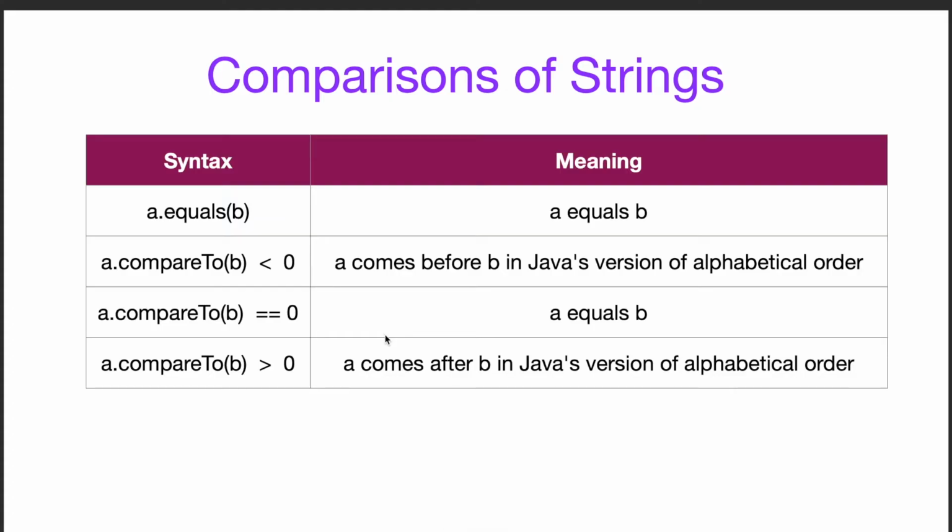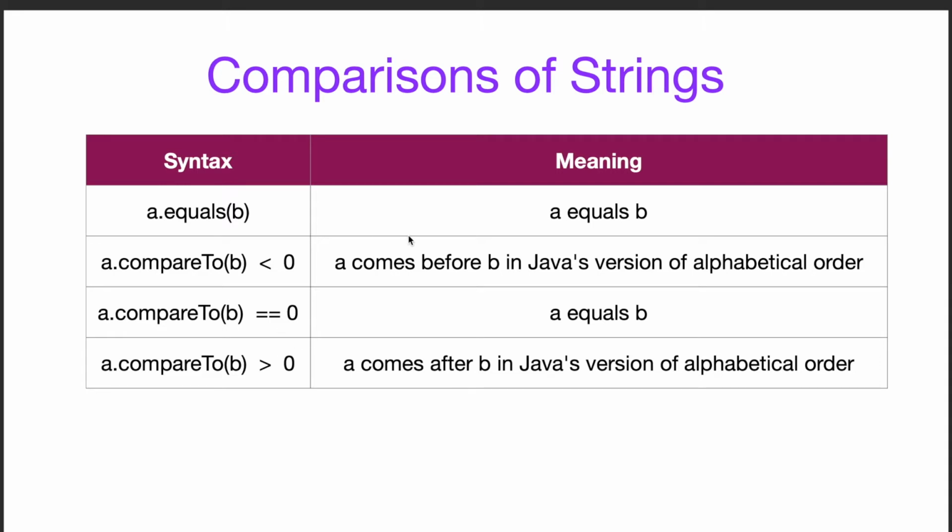All right, so for comparisons of strings, there are several methods that we can use. The first one is equals, the next one is compareTo, and again compareTo is less than 0, compareTo is equal to 0, or compareTo is greater than 0.